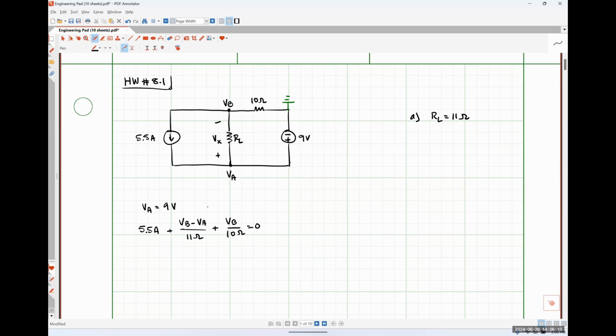And if we substitute in 9 volts right here, this is a one equation, one unknown system. So I'm going to throw that in my numerical solver on my calculator real quick and solve for VB.